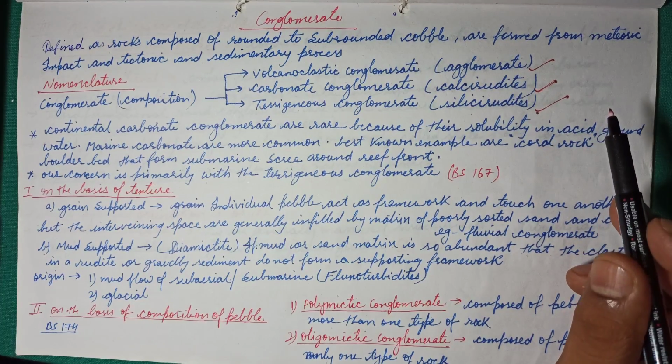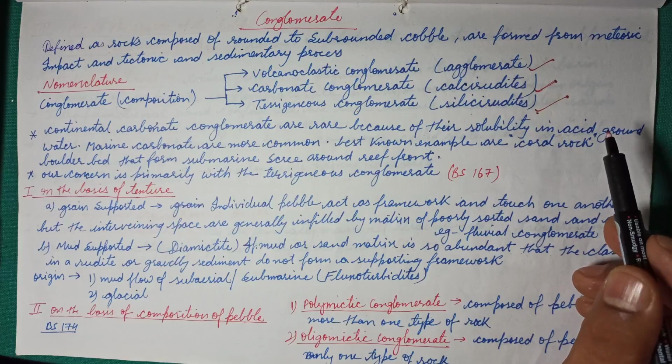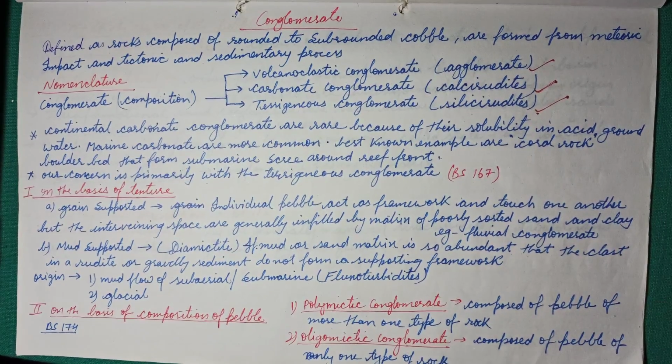This coral rock will disintegrate by the action of gravity, they come down and form submarine scree, and this scree having great size may form the conglomerate of marine origin.